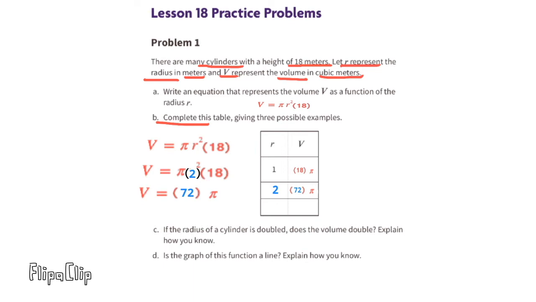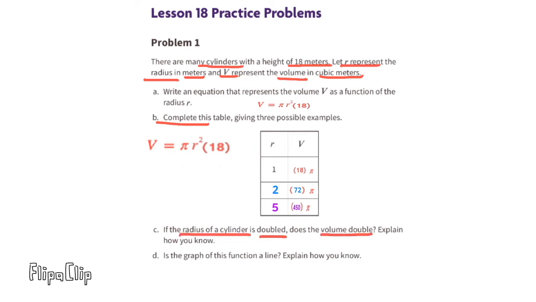For this last example, let's use a 5 as the radius. So we'll substitute the R with a 5. V equals pi times 5 squared times 18. 25 times 18 is 450. When the radius is 5, the volume is 450 pi.